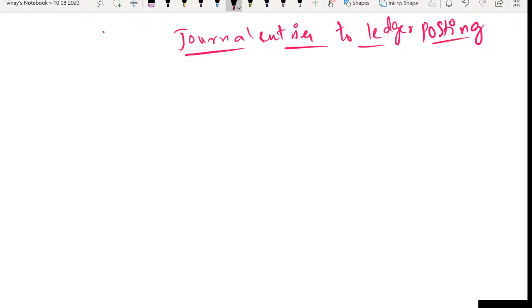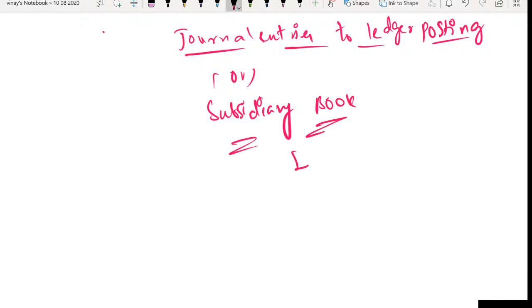Generally, from the journal entries or from subsidiary books, we need to pass to ledgers.